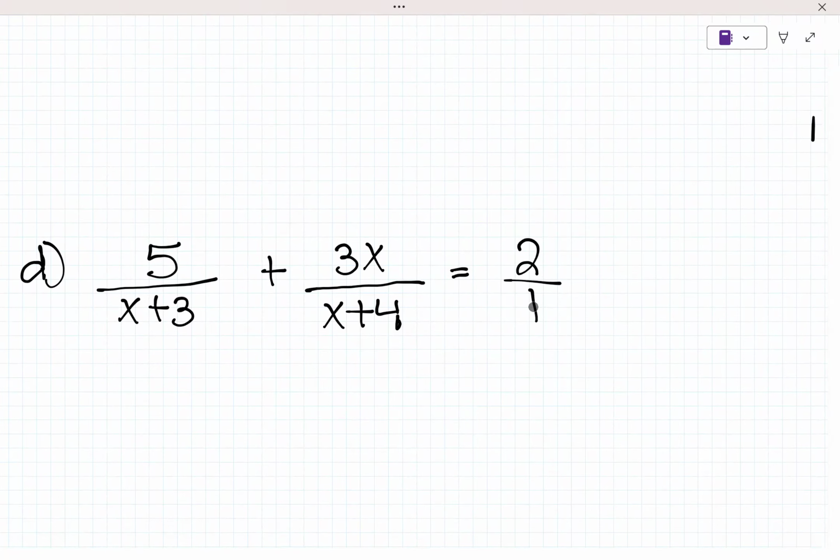So they're prime and they're different bases. So your LCD is basically the product of all three. So your LCD is 1 times x plus 3 times x plus 4, or really, it's the same thing as x plus 3 times x plus 4. Okay, so let's multiply all three sides by that.